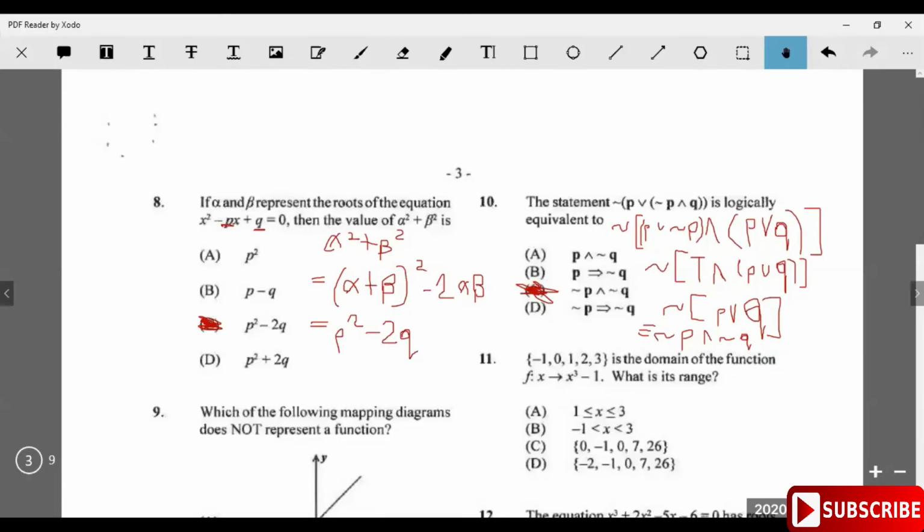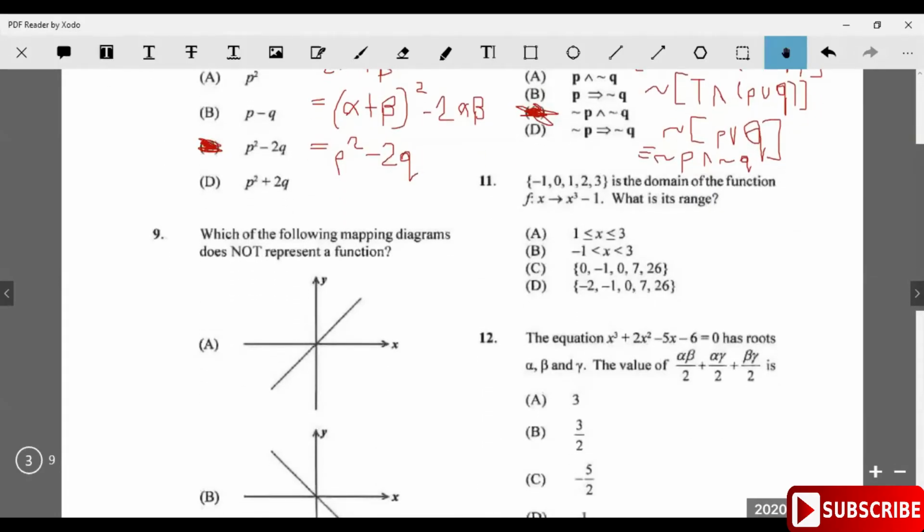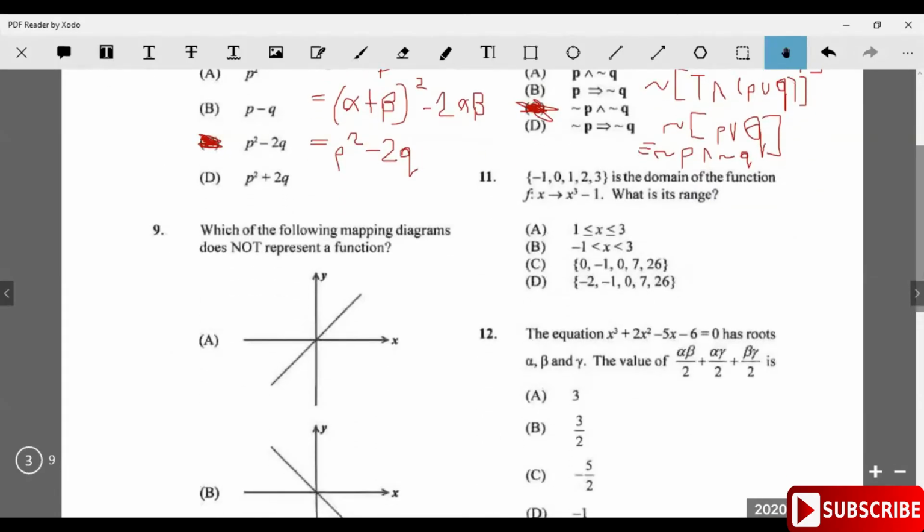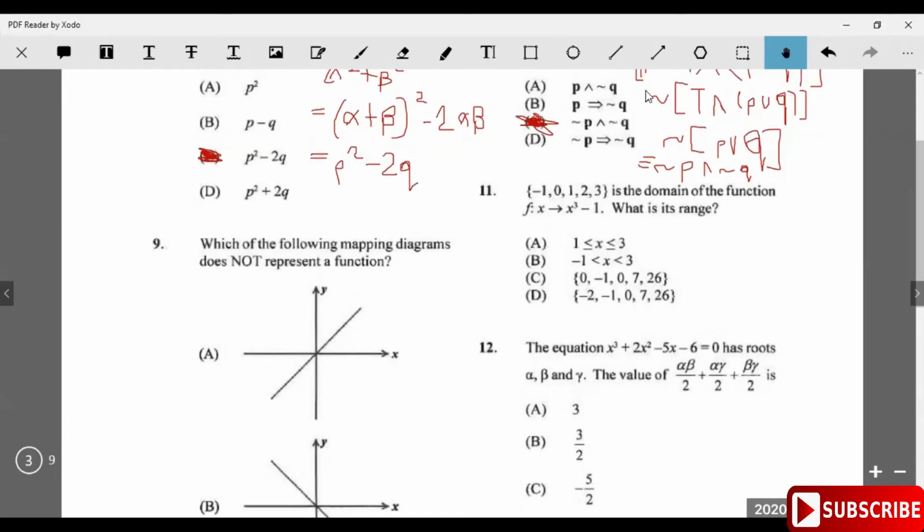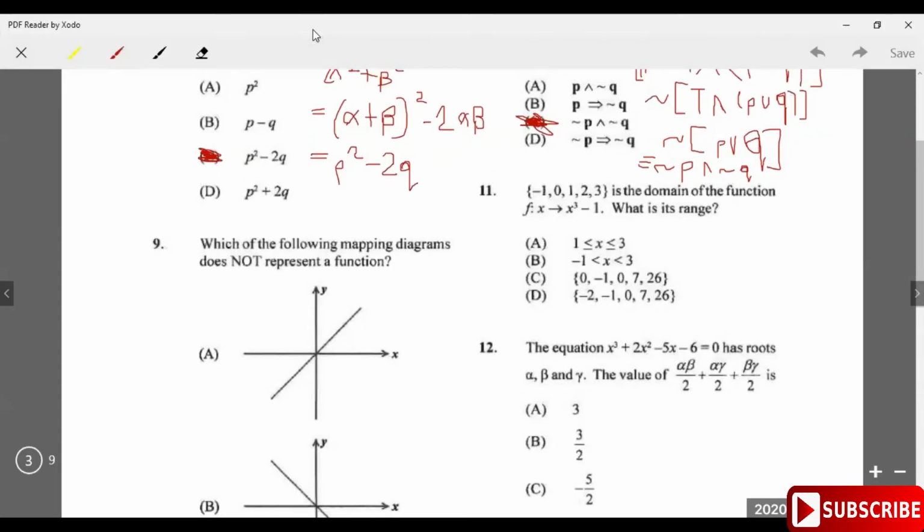And that's question 10. Question 11 now. Question 11 is asking us to find the range. So they give us the domain and ask us to find the range. So the domain is, let's write down the domain. The domain is that x is between -1 and 3.